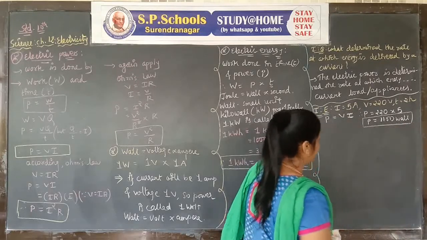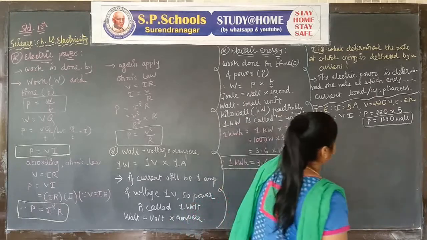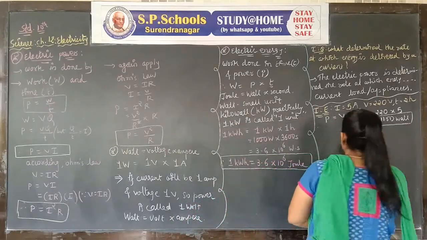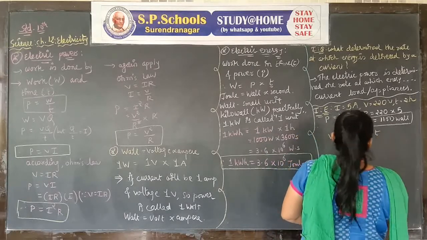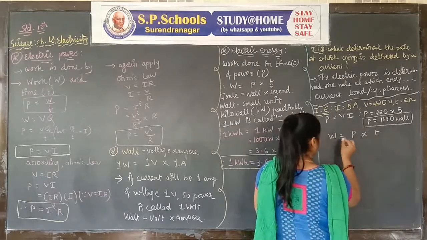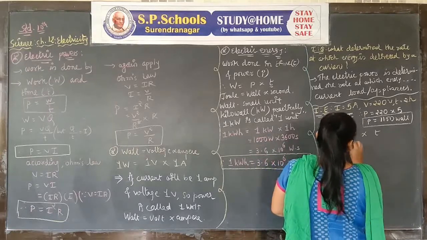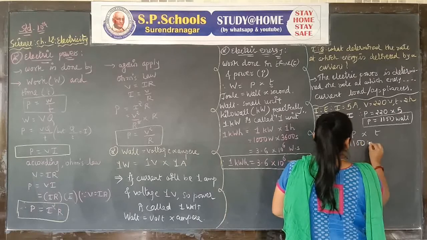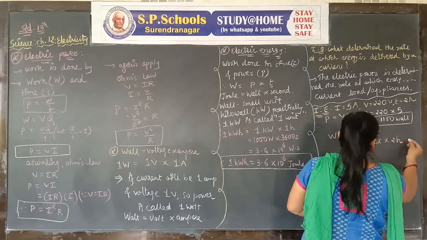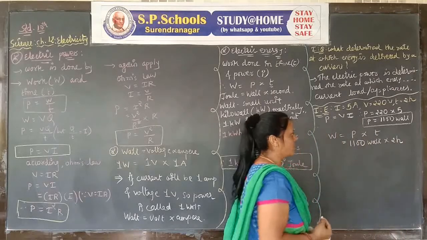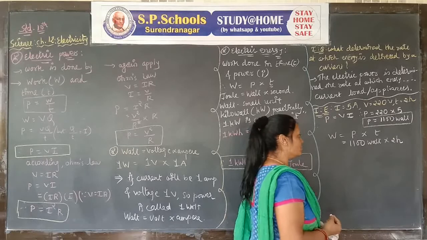With the help of power, we can find energy easily. So W is equal to P into T. So the work done is 1100 watt into 2 hour. But we cannot directly take 2 hour. We convert it first into seconds.